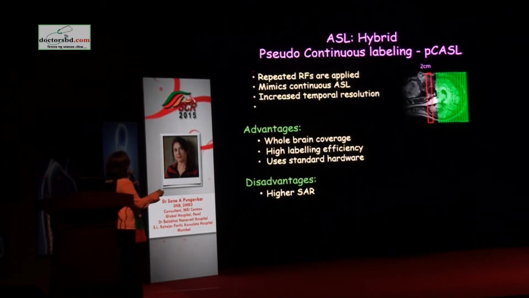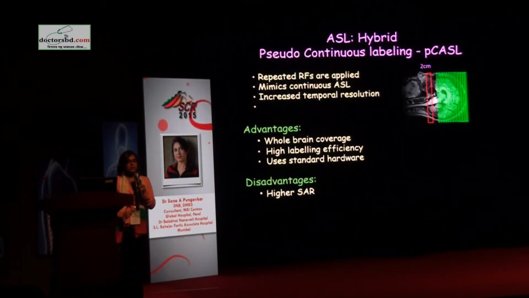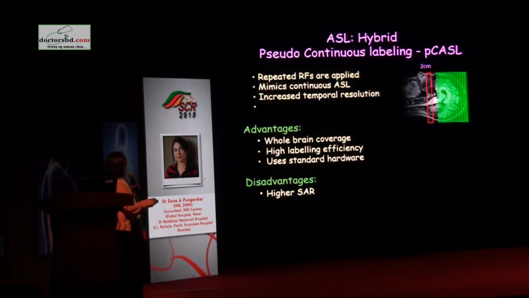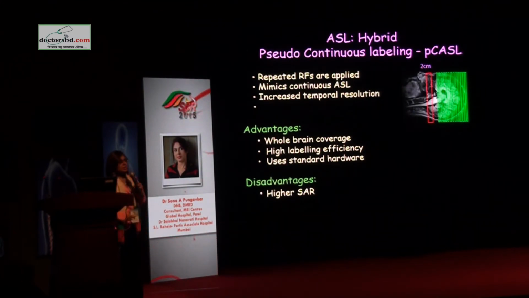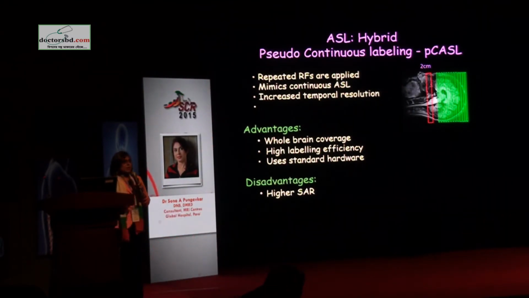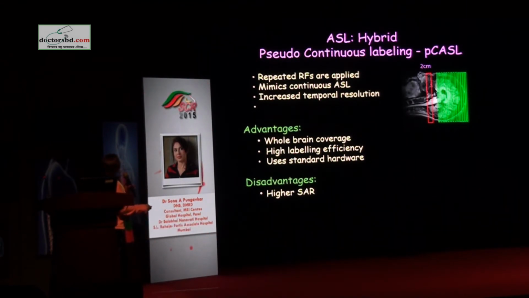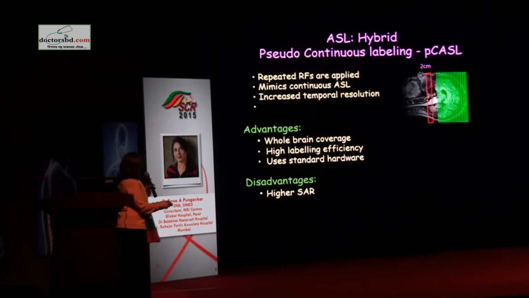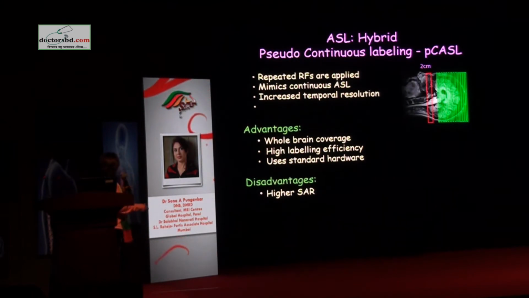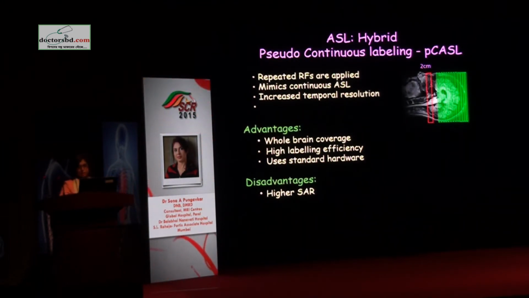So now the solution to the first problem that I showed on the earlier slide is a combination of the two, and this is called pseudo-continuous labeling. That is why we had to wait till it became available in clinical practice, till this was developed. In this you combine both. That means you take a smaller slab and faster time, and cover the whole brain. It gives you a good SNR, signal to noise ratio.